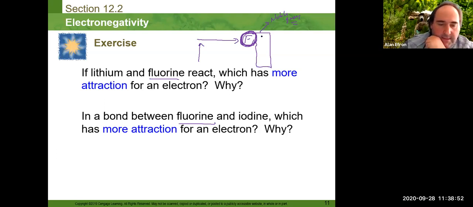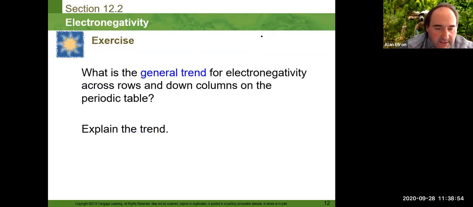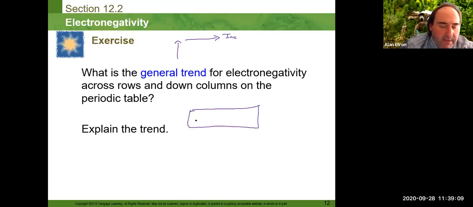All right. What is the general trend of electronegativity across the row and down the column? So as we talked about, again, it increases up and to the right on the periodic table. That means that if you have something in the same period or row, further to the right should be more electronegative.